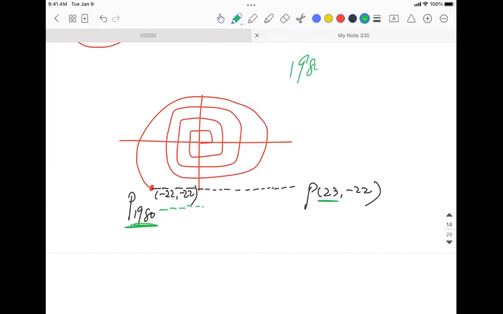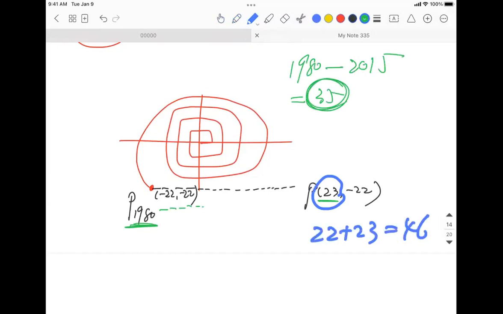From 1980 to 2015, how many steps? There are only 35 steps. But the next time you really want to take a left, it's going to be 22 plus 23, 45 steps away. Is it right? After 45 steps, you're going to turn left. So that means what?